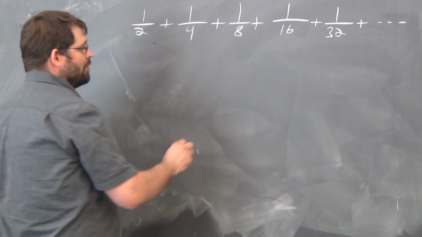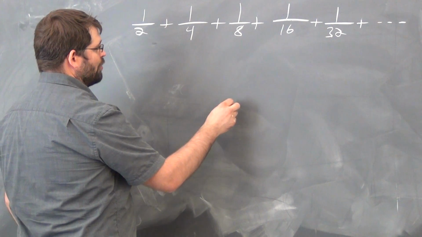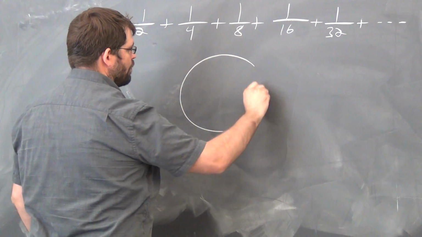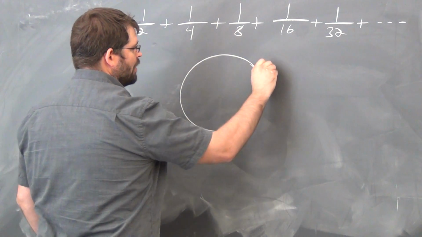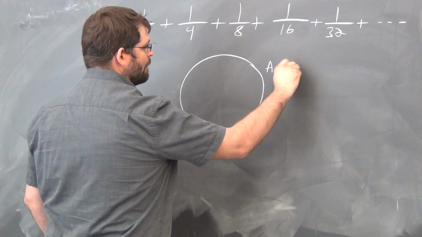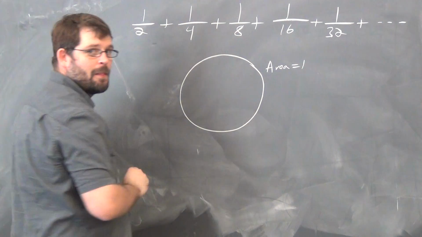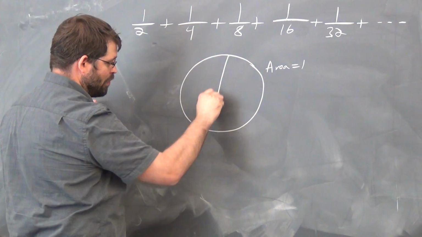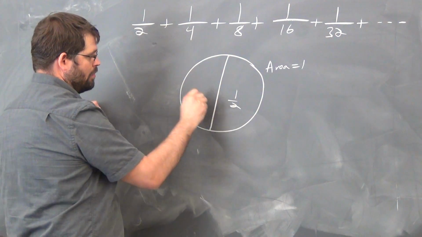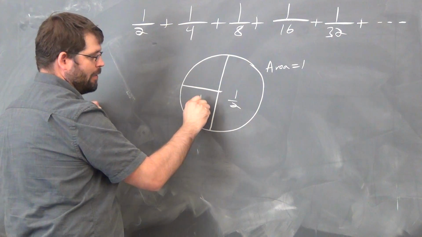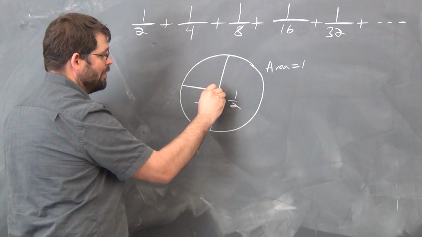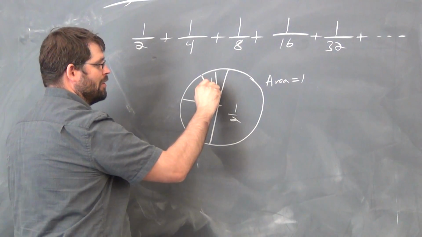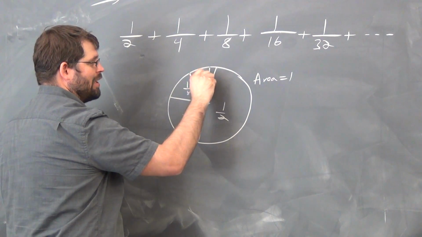You can do it in a bunch of different ways. I like to just think of a circle, but it doesn't matter. Think of a circle here, and let's say that the area of that circle is 1. All we're doing here is saying take half, add a quarter to it, add an eighth to it, add a 16th to it, add a 1/32 to it.